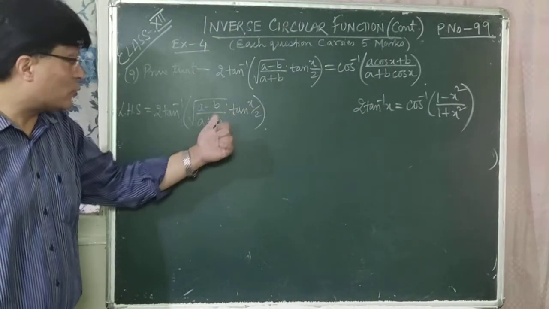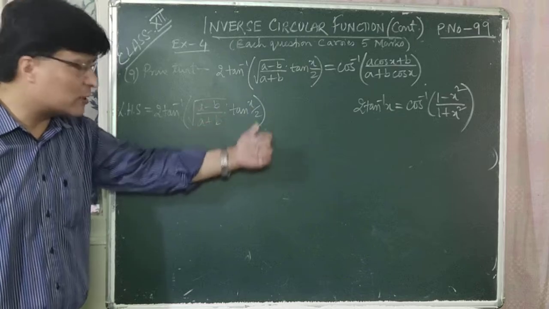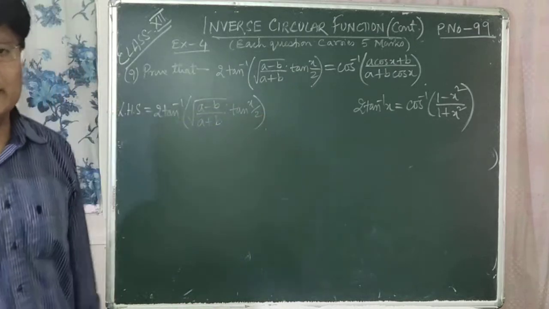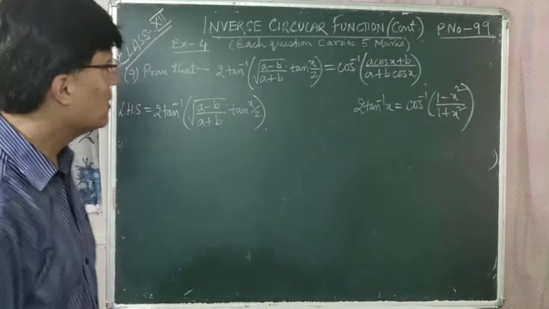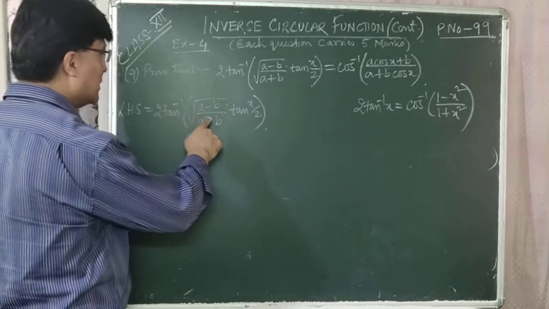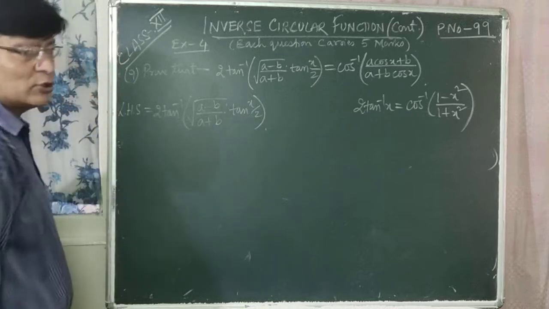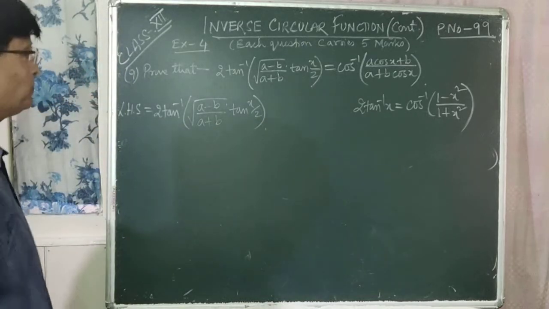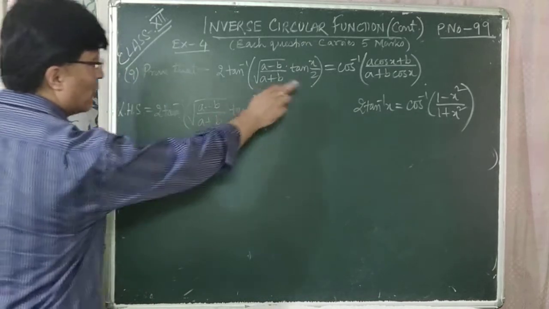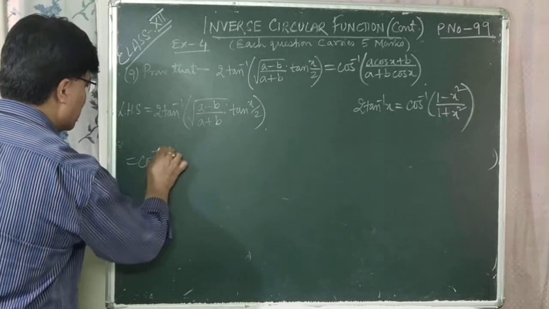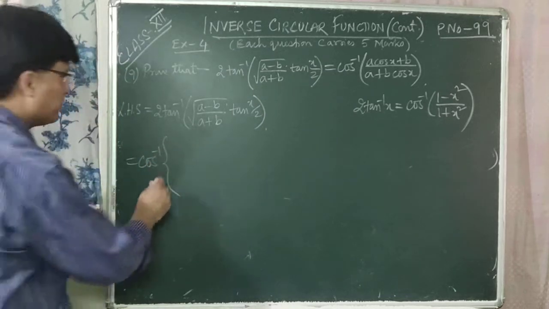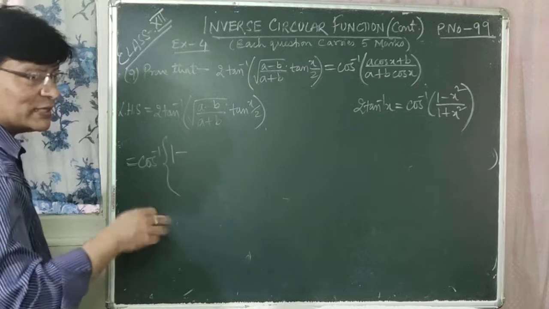So instead of x, what is here? This whole expression within bracket is the value for x, right? So what is x equal to here? It is within square root (a minus b) upon (a plus b) tan x by 2. Is that clear? So let us use that formula, okay? So cos inverse within second bracket, 1 minus, what is x whole square?